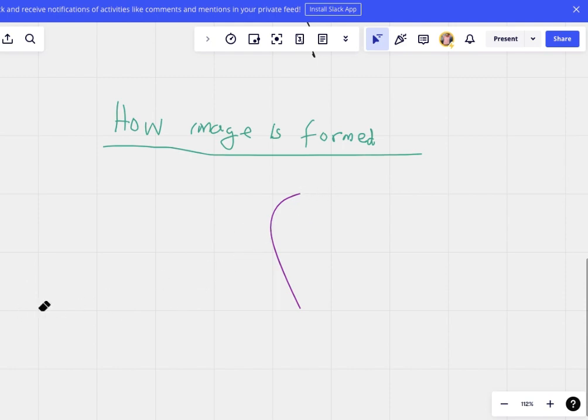Okay, I think this one is proving a bit. So let's draw this lens. We'll just correct the drawing. Let's say this is our lens. This is a line through the optical center.